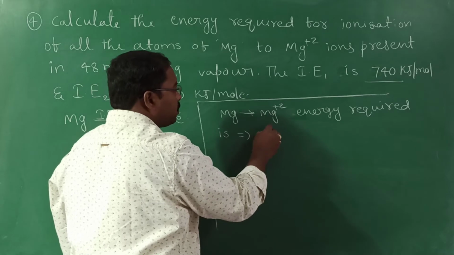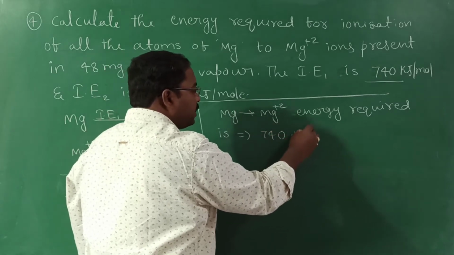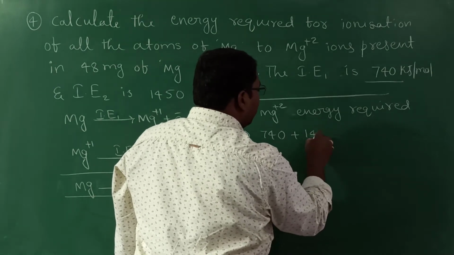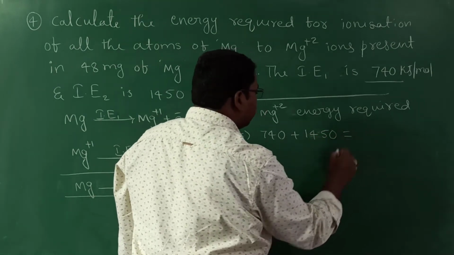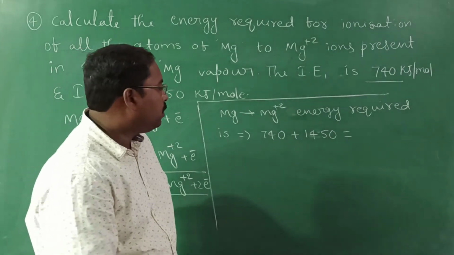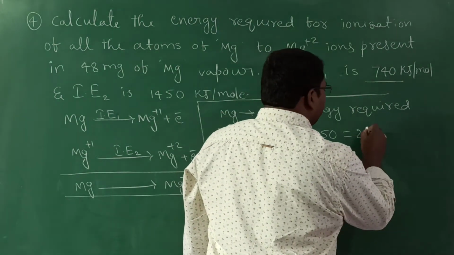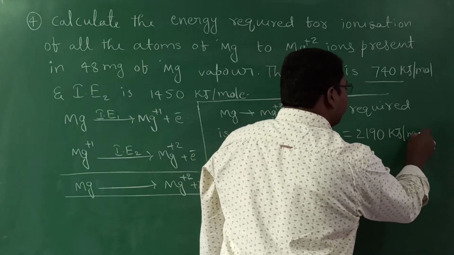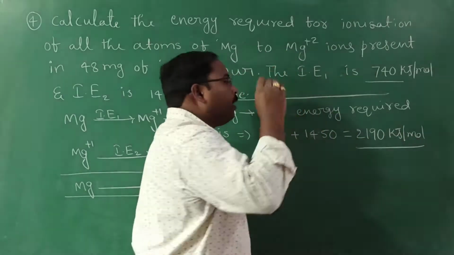Add those two values. They gave 740 as the first ionization energy and 1450 as the second value. If we add these two values, we will get 2190 kilojoules per mole. Okay?